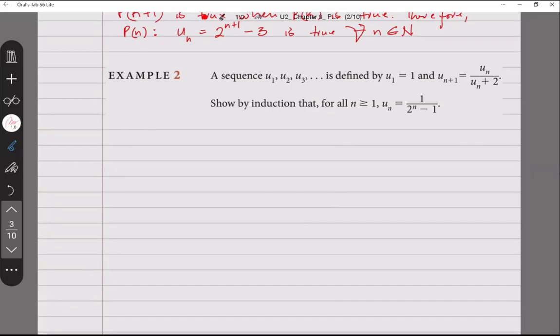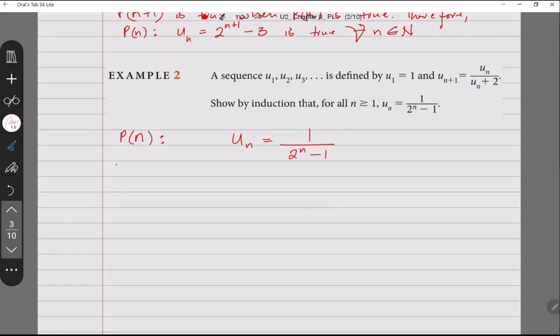Show by induction that for all n greater than or equal to 1, Un is equal to 1 over 2 to the n minus 1. So this is our statement we need to prove by induction, that Un is equal to 1 over 2 to the n minus 1.